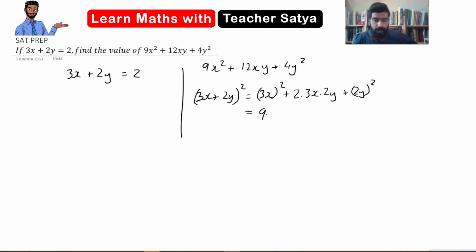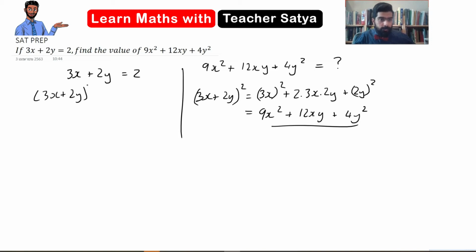And we would have 9x squared plus 2 times 3 times 2 would give us plus 12xy plus 4y squared. So if we take a look at this, this is equal to what they are asking. So what we can do is raise these equations to the power of 2. So we would have 3x plus 2y raised to the power of 2, and that means we also have to raise the 2 to the power of 2.